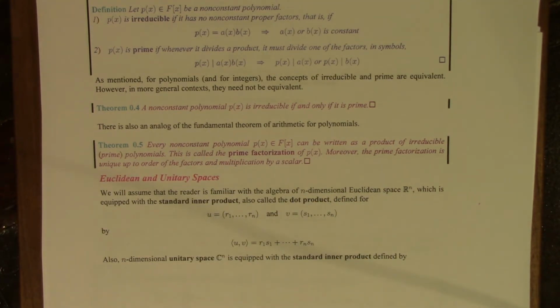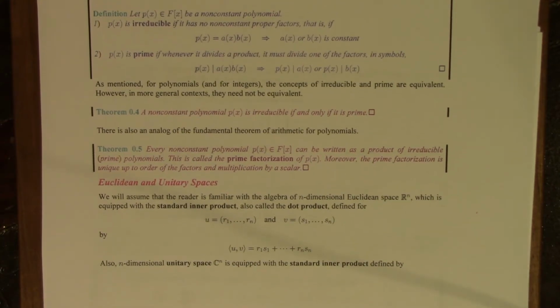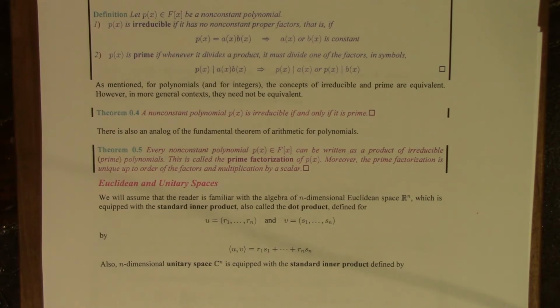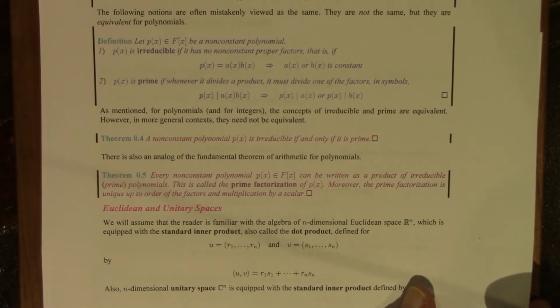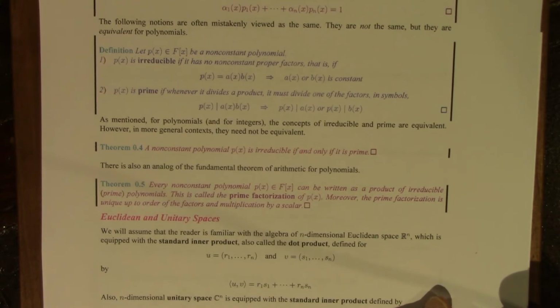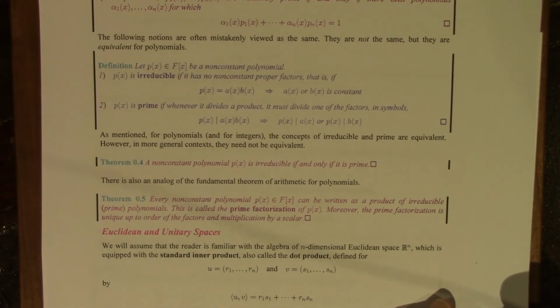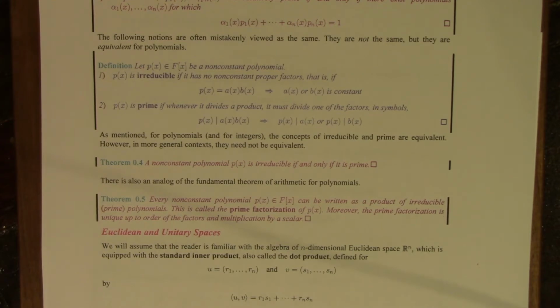And just as for integers, it is unique up to the order of the factors, but also up to multiplication by a scalar. We're going to use prime factorization in a very important way. It's the key to understanding the structure of linear operators. And we'll be using it quite often, but it'll come much later in the course.